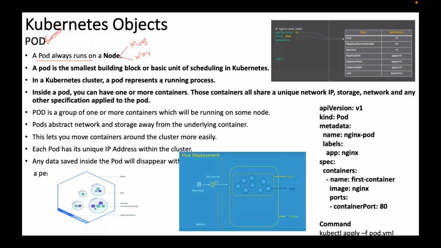When it comes to Docker or Docker Swarm, what is the smallest building block or basic unit of scheduling? Container. We can create a container. But here in Kubernetes, can we directly create containers?